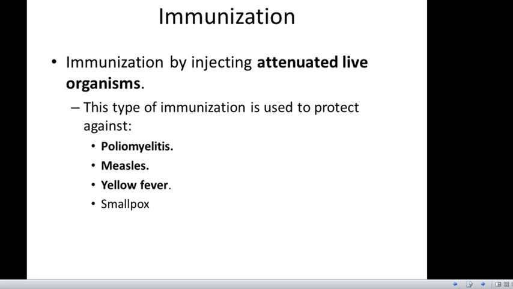And finally, a person can be immunized by being infected with organisms that have been attenuated. This type of immunization is used to protect against poliomyelitis, measles, yellow fever, and smallpox.